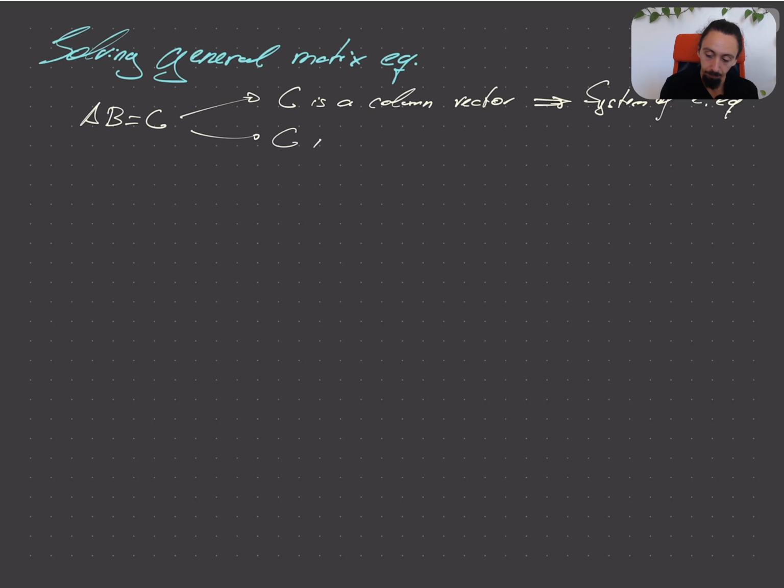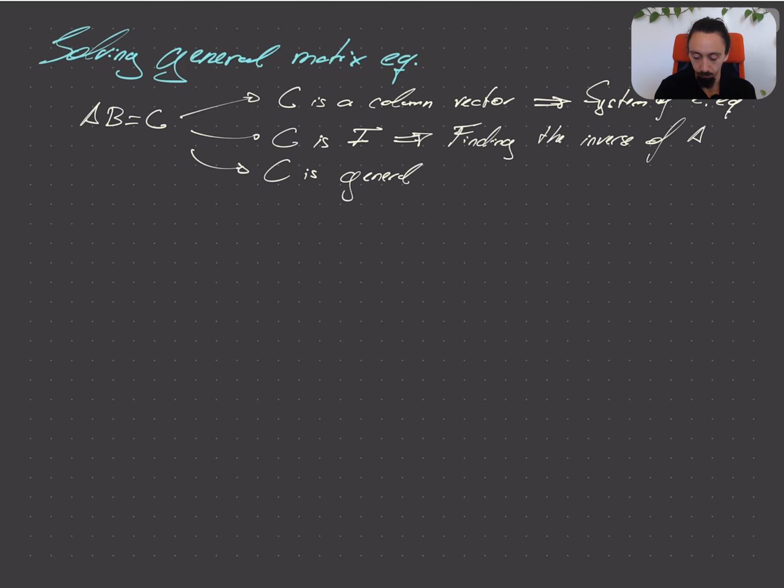If C is the identity matrix, then we are finding the inverse of A. And if C is general, then it's a matrix equation.